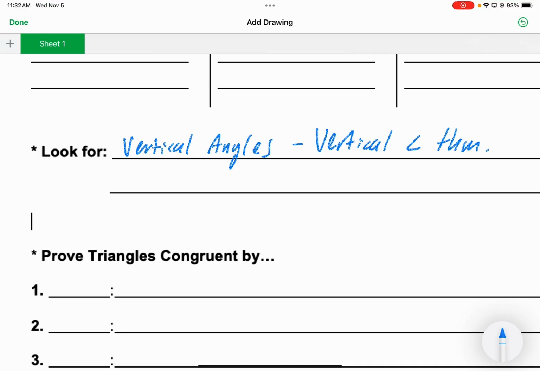And what's the other freebie we can get from a picture? Not a right angle. Not an angle, but a side. What type of sides? Reflexive. That's the other freebie you can get from a picture, reflexive sides.